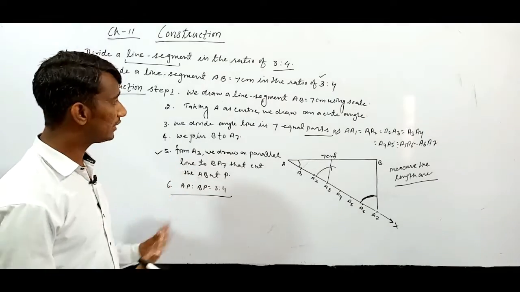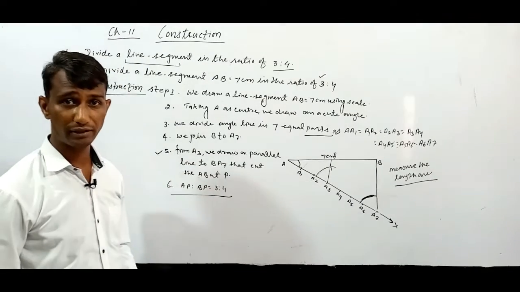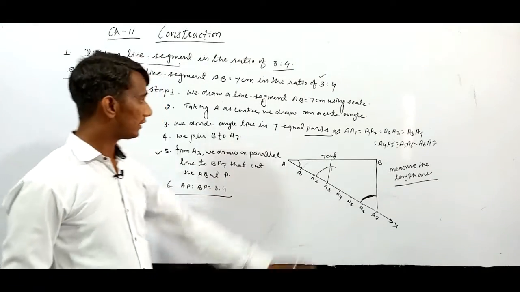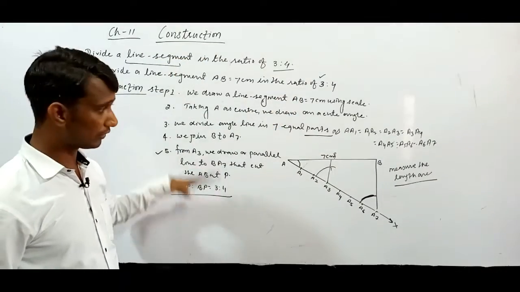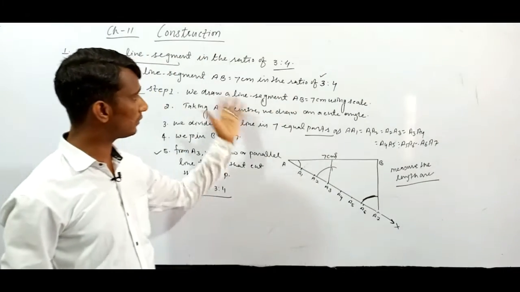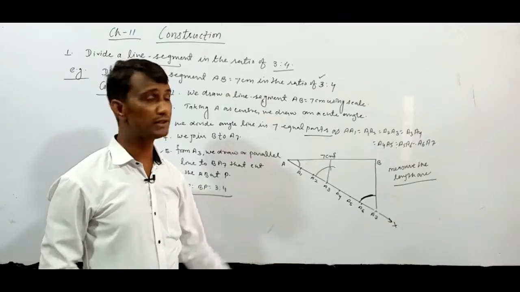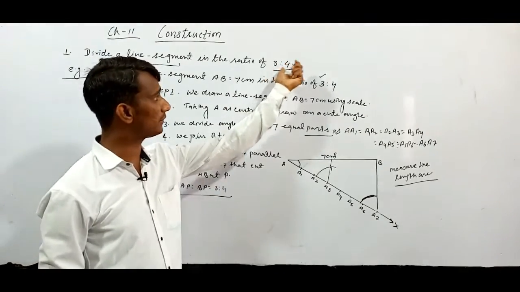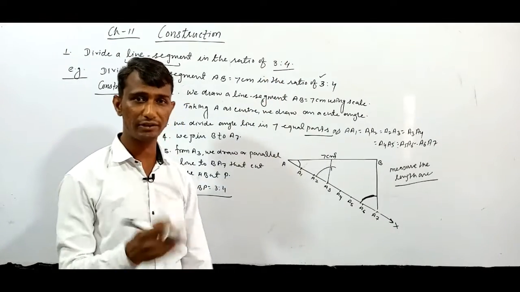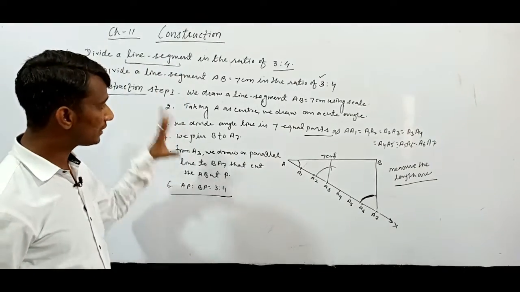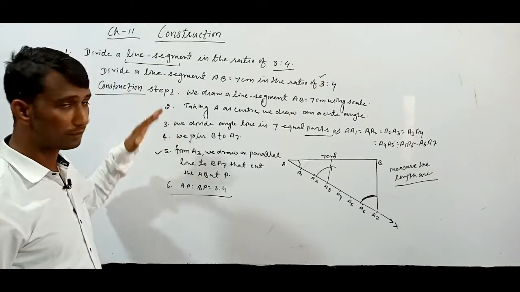Now we need to write the justification of the answer. These are the important steps you can follow to divide a line segment in a proper ratio, meaning divide a line segment in 3:4, or any ratio that is given. So how many steps can you apply?